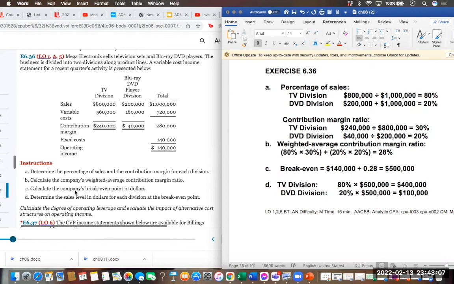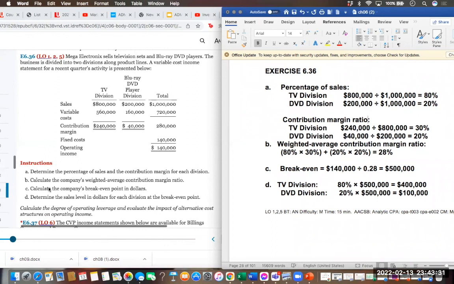Part C says, calculate the company's break-even point in dollars. I like this question because it's showing you each part of this question is like the steps. So A is step 1, B is step 2. And we already knew they were going to ask us for break-even point in dollars because they asked us to calculate the contribution margin ratio.